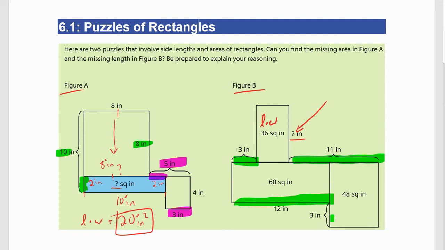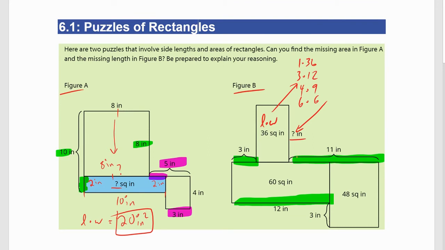Let's see. This is a tough one for sure. Let me think about what times what gives me 36. All right, length times width. I know 1 times 36 would give me that. I know 3 times 12 would give me 36. I also know 4 times 9 and 6 times 6, right?